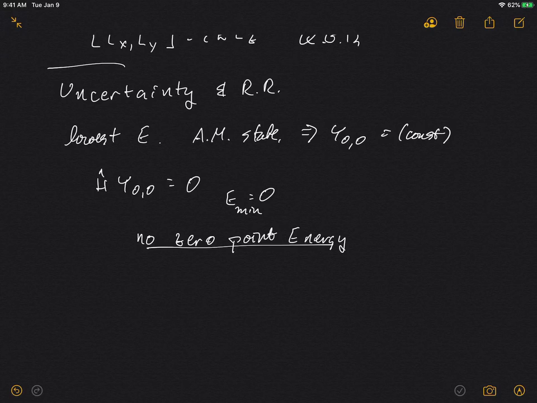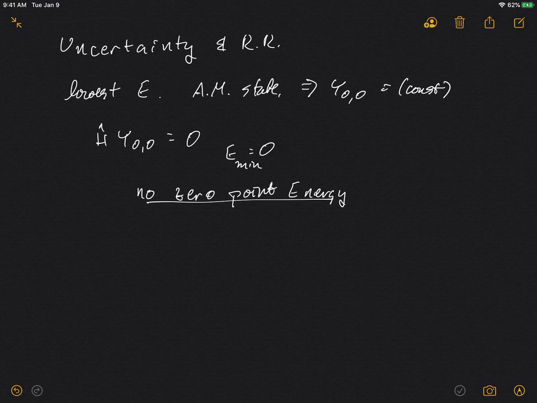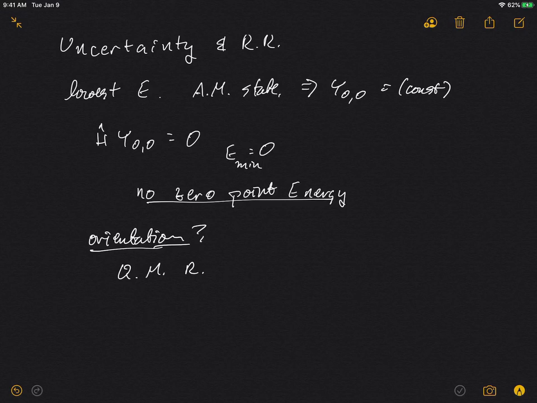However, there is a difference in the orientation. For a quantum mechanical rigid rotor, or rigid rotator, the y00 is a constant, meaning that it doesn't depend on the angle.